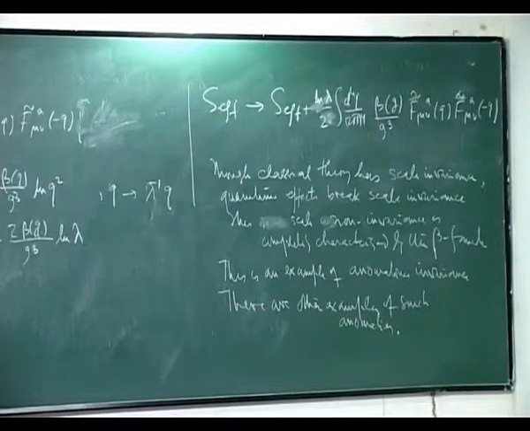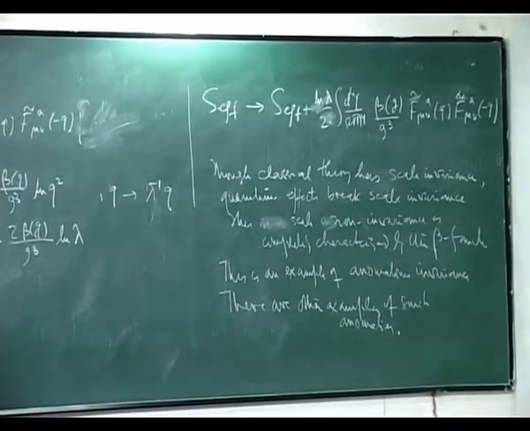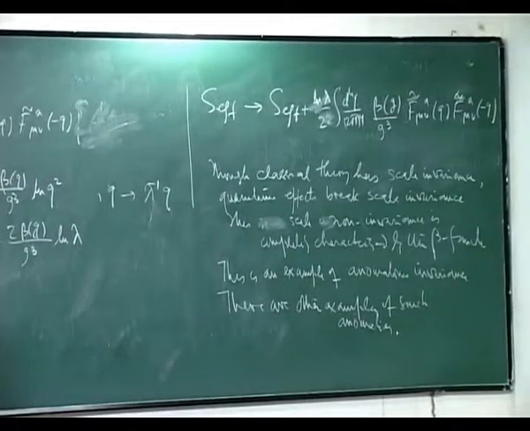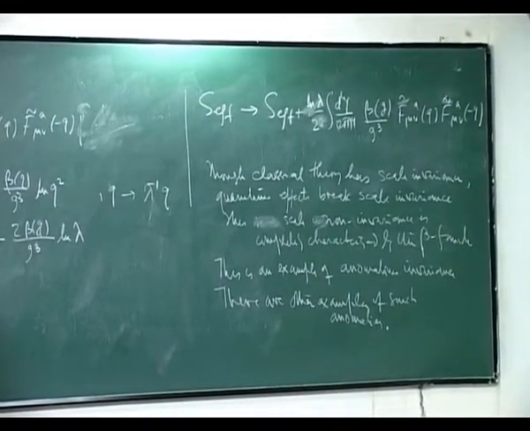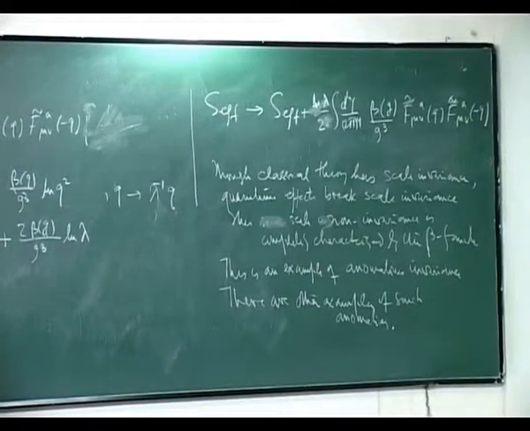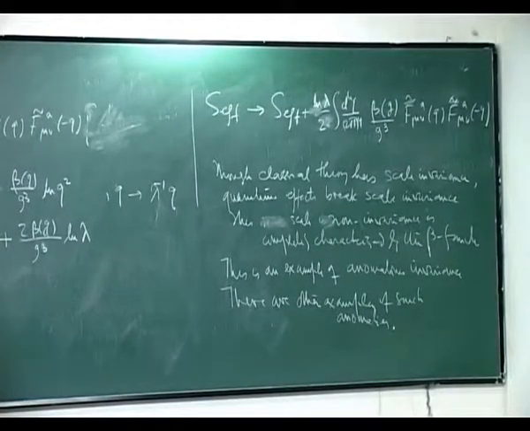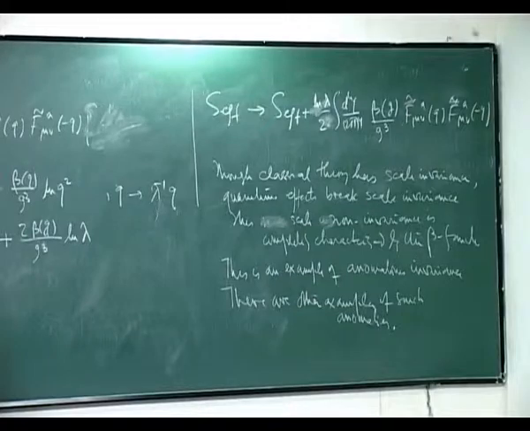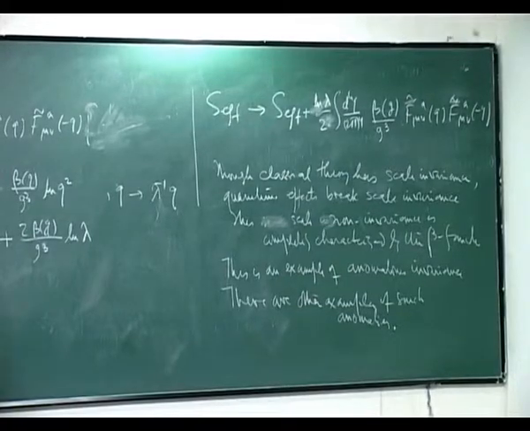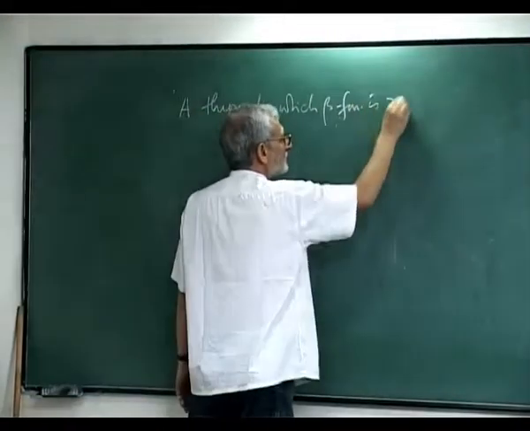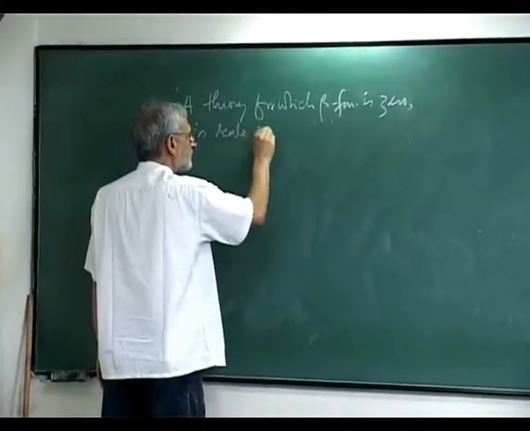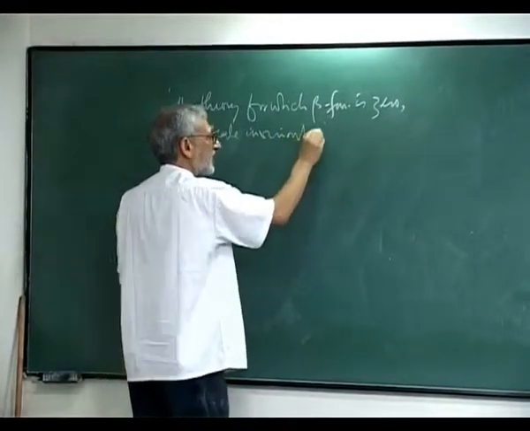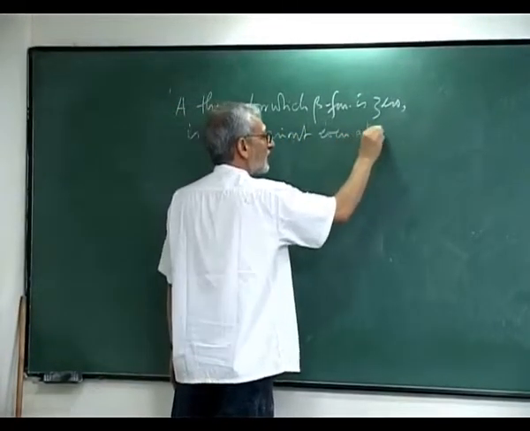But if I have somehow a theory where the beta function is 0, then such a theory would be scale invariant even at the quantum level.